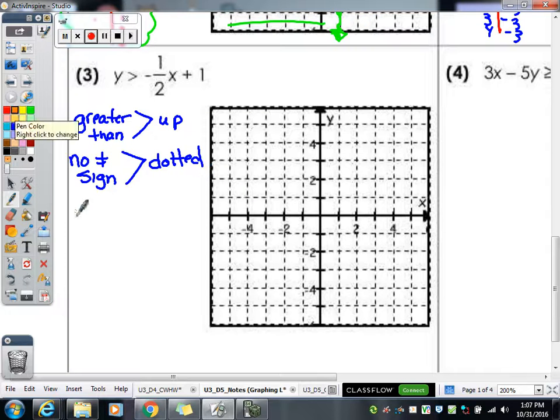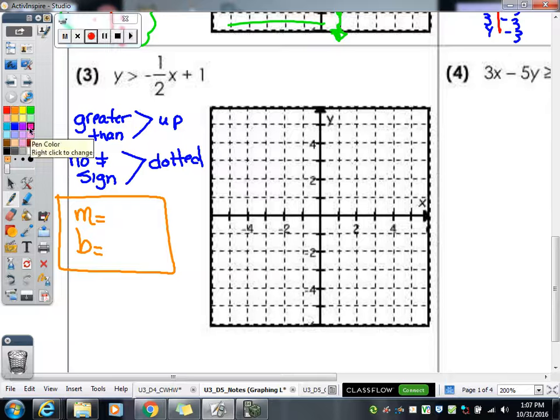And I'm going to do this one with M and B. My M here is what? Aaron? Either one, doesn't matter. What's my M? Okay, how about the other Aaron? What's my B? 1, good.